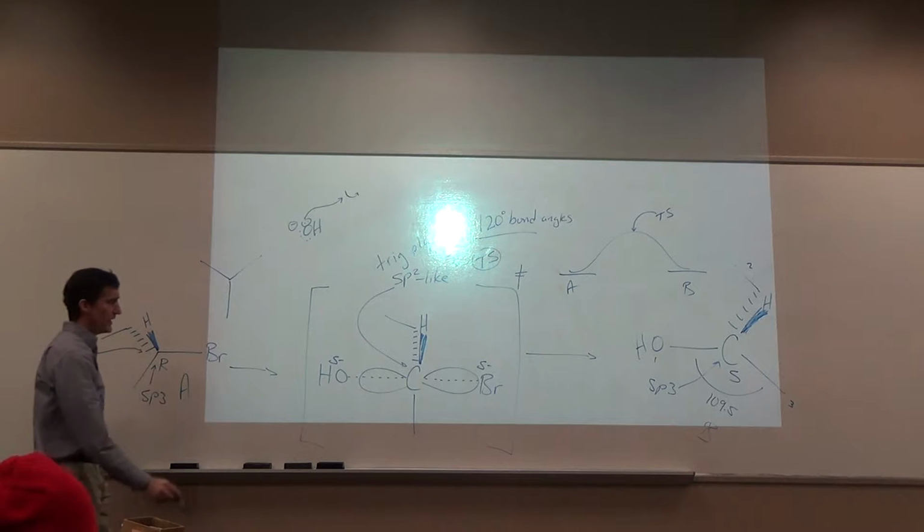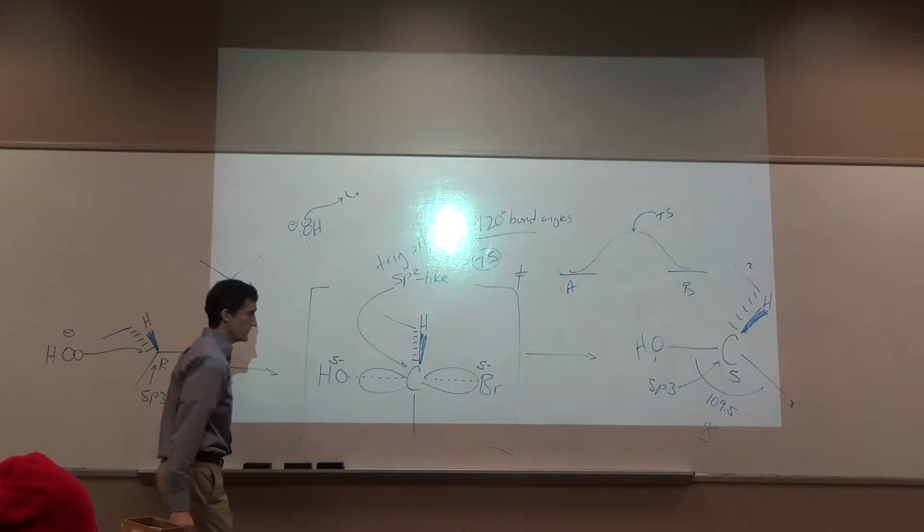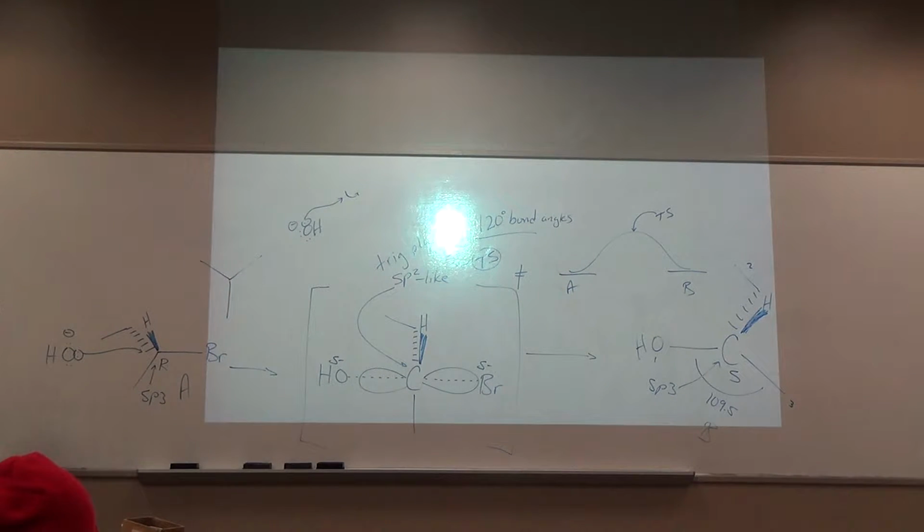You've got partial bonds. I mean, partial bonds are not discrete bonds. Let me sort of re-ask the question. What are things that we have to be aware of that can cause the energy to be high?